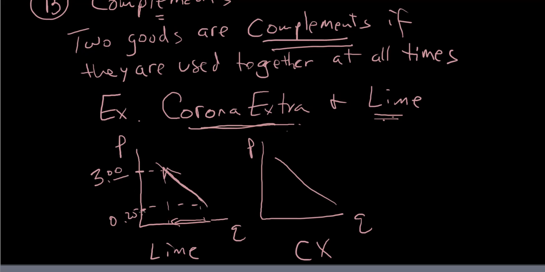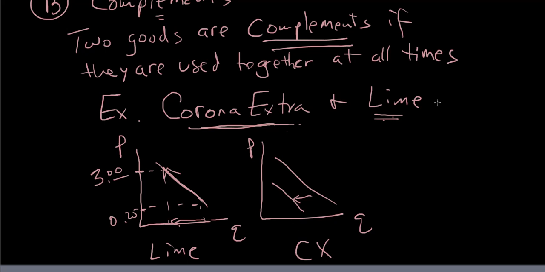But now, if the price of lime went up, then what's going to happen to the demand for Corona Extra? Yes, this time there's going to be a decrease in the demand for Corona Extra because these two goods are complements. They are consumed together. Some people are not willing to pay $3, so there is going to be a corresponding decrease in the demand for Corona Extra, right?